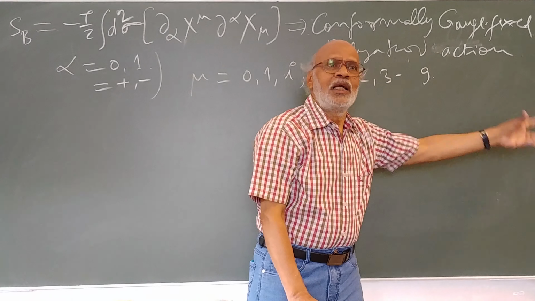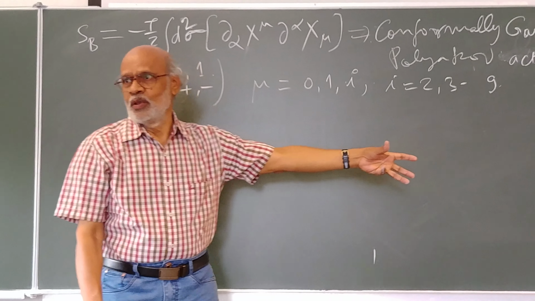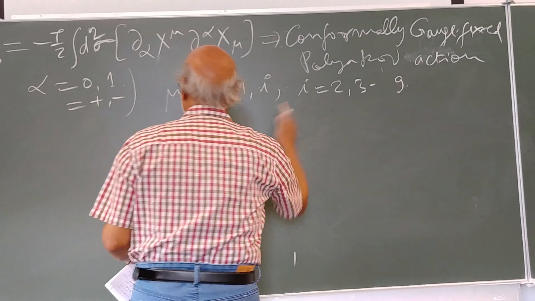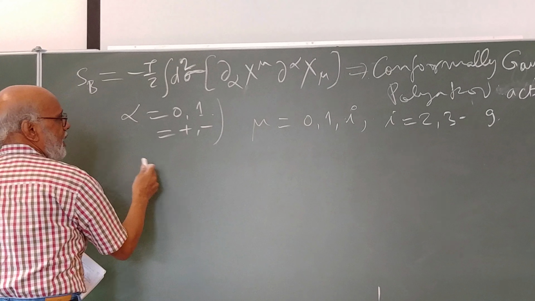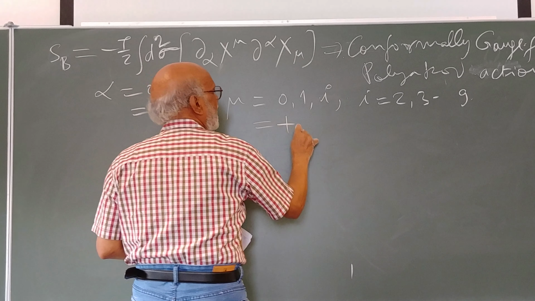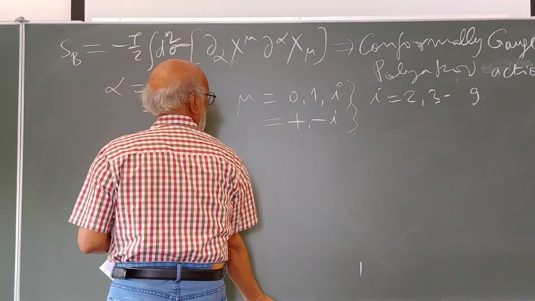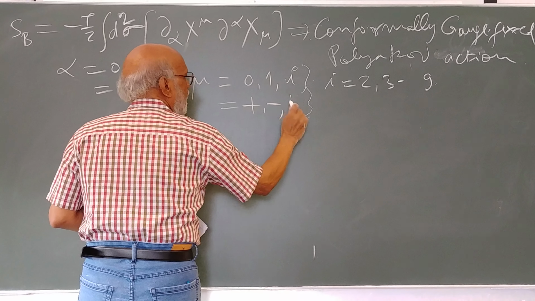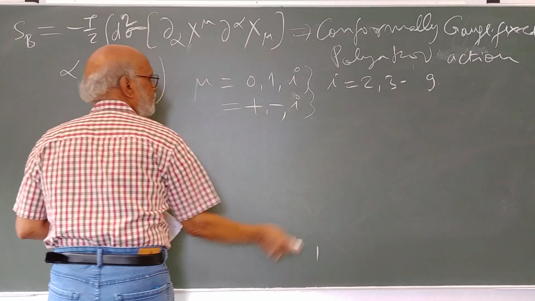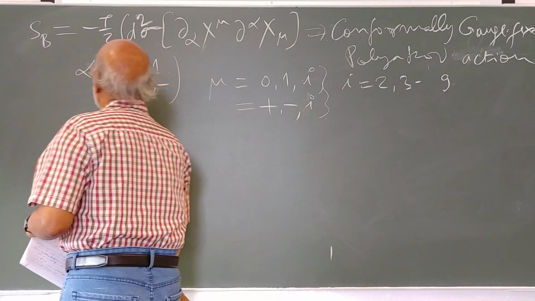But for a combination of the two, the superstring theory, this will go up to 9. And this could also be split into plus, minus, and I components, where I goes from 2 to 9.